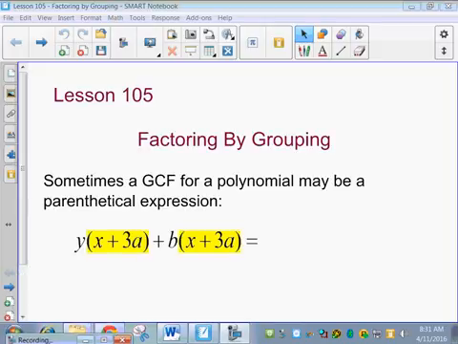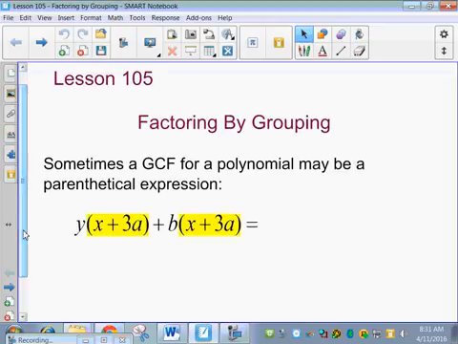All right, you guys, factoring by grouping. First of all, this one's already, they sort of started the factor party here, but I have y times parentheses x plus 3a plus b times parentheses x plus 3a. So sometimes the GCF can be a parenthetical expression.